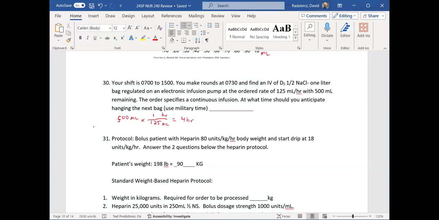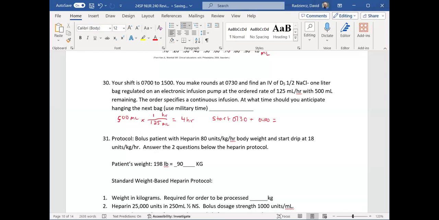So when did it start? Or when did the nurse check it? The nurse checked at 7:30. So what's 4 hours from there? So plus 4 hours, right? So we're going to get 7, 8, 9, 10, 11.